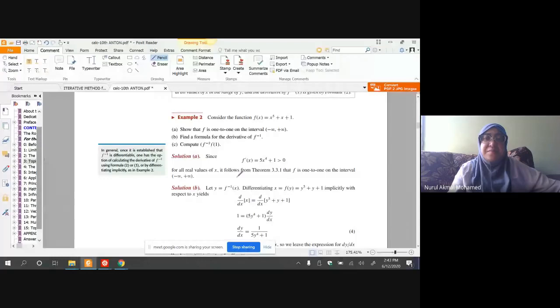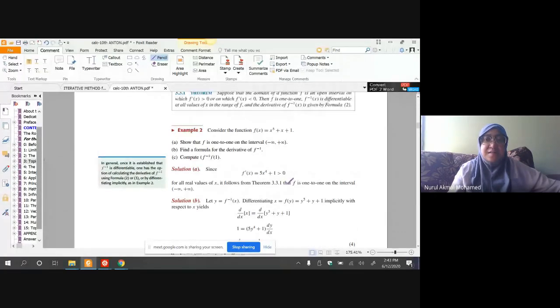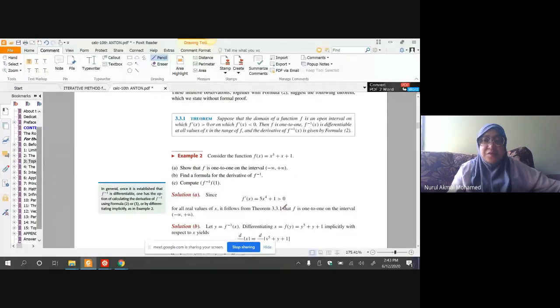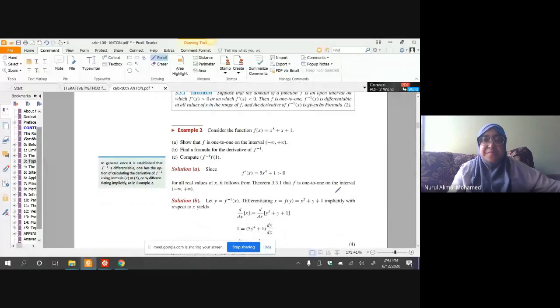For all real numbers x, f prime of x is always greater than 0. So theorem 3.31 says that if f prime of x is greater than 0, then f is 1 to 1.